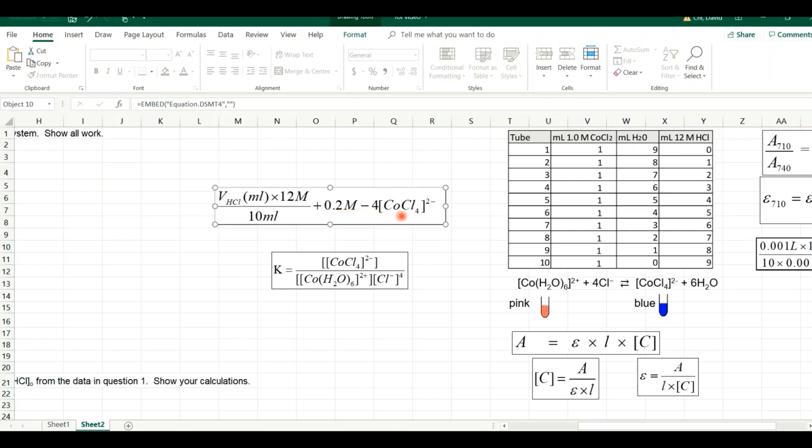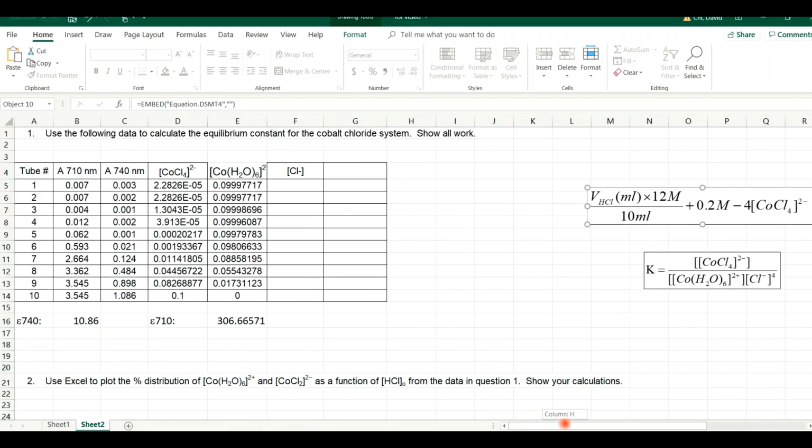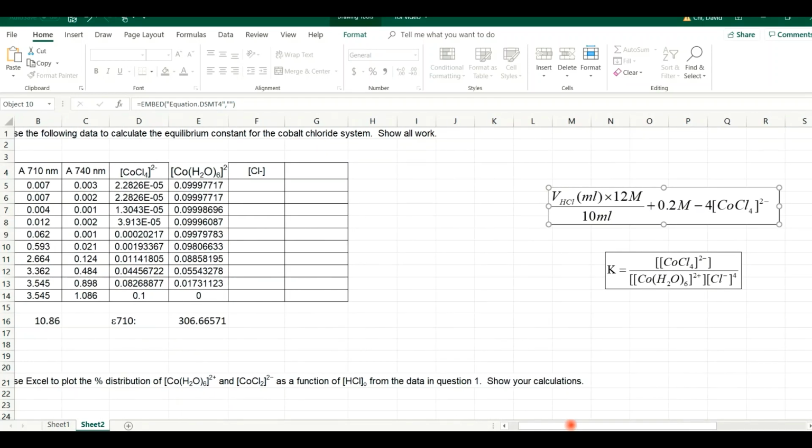Now some of this chloride will form cobalt tetrachloride, so you subtract the chlorides that form cobalt tetrachloride. You multiply by 4 because each ion contains 4 chlorides. This calculation gives you the concentration of free chlorides in the solution.